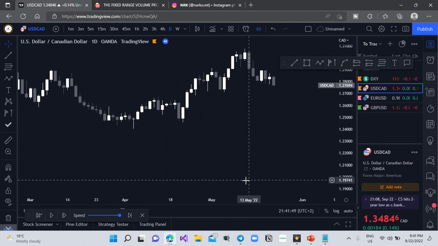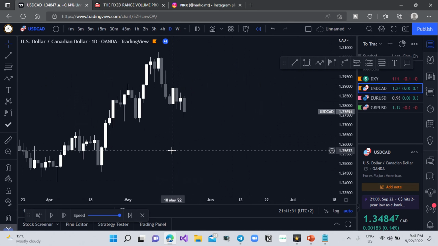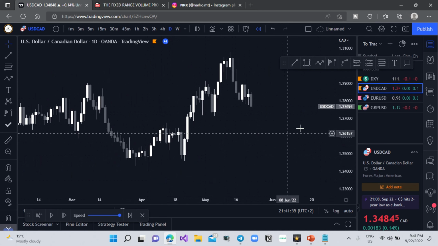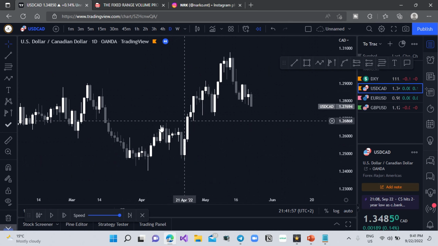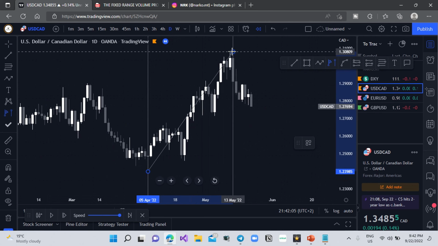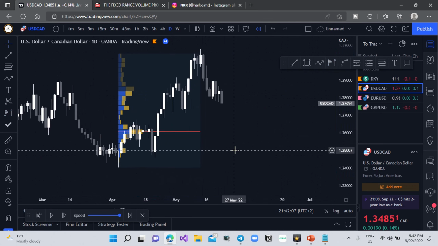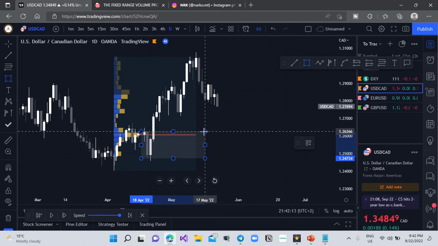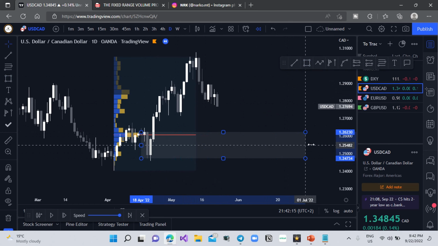Moving on to the daily chart, we can see here we have this low here and this high here. So now going about using our volume profile, you can select it here under your prediction and measurement tools, select it and apply it on your low to your high. Okay, and now move on to select your rectangle and highlight the candlestick that is selected by the red line.